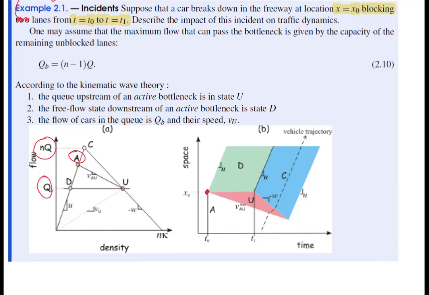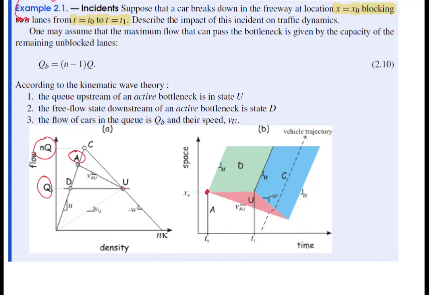So what happens is that two states are possible. One is free flow in state D, and the other is congestion in state U. When the bottleneck is active, it means that downstream there's free flow and upstream there's a queue. So downstream of the bottleneck is state D, and upstream is state U. That's an active bottleneck.